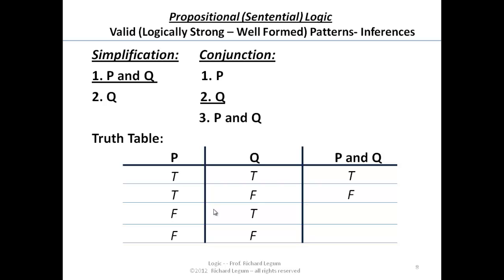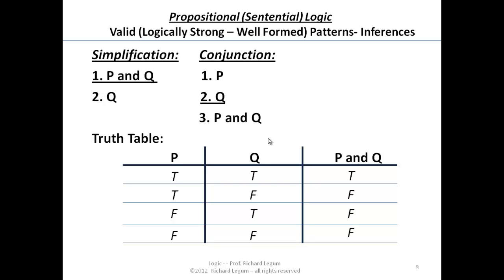Because both of them have to be true for P and Q to be true. And if P is false, as in row 3, and Q is true, well, P and Q has to have both of them true. So again, in this case, P and Q would be false. And if both propositions are false, both of them can't be true, so it again has to be false.